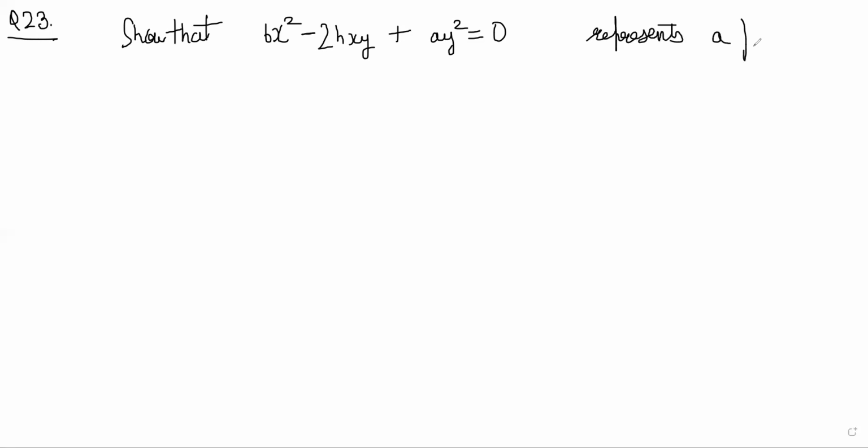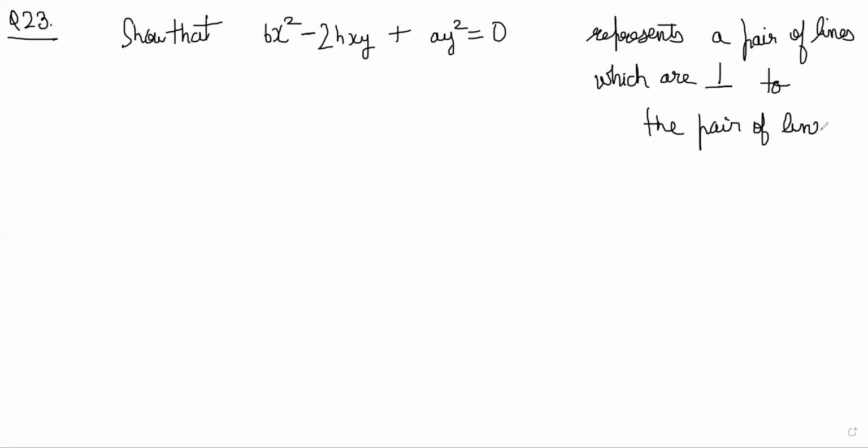So 23 is saying, show that the equation bx square minus 2hxy plus ay square is equal to 0 represents a pair of lines which are perpendicular, or at right angles, to the pair of lines ax square plus 2hxy plus by square is equal to 0.